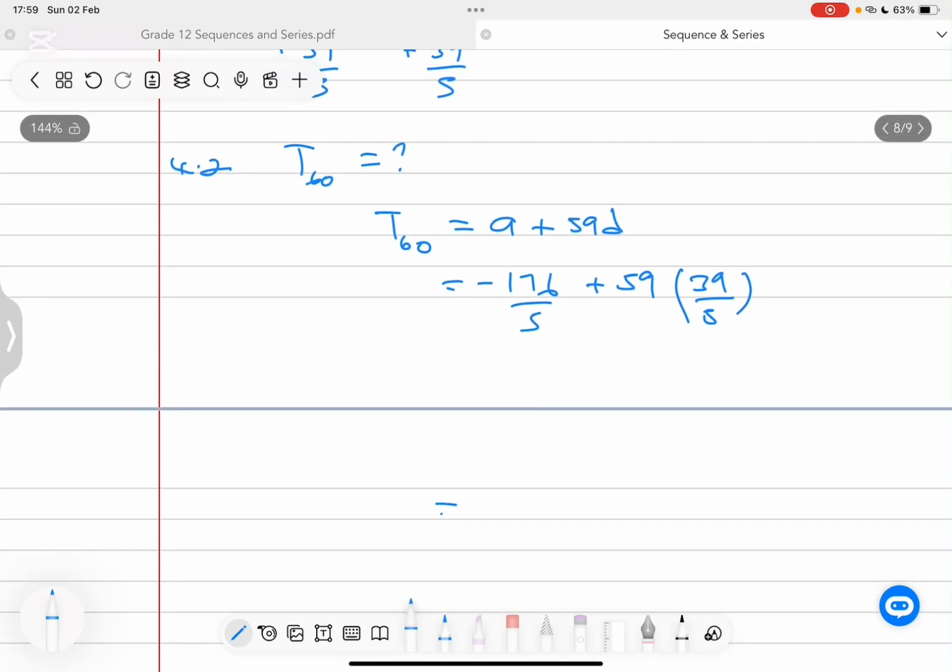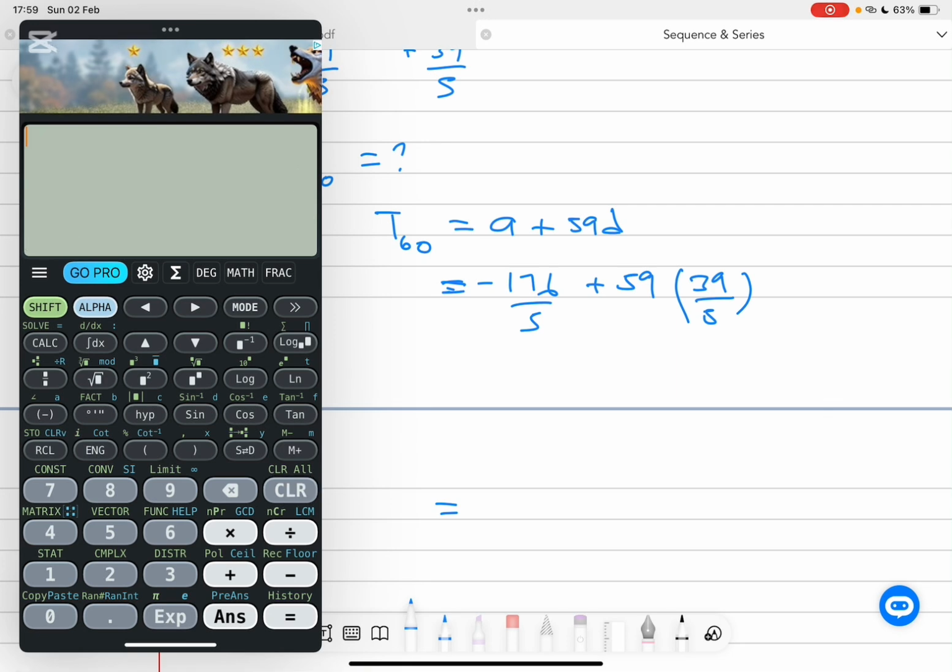Remember that you are allowed to use a calculator at high school level. So something like this, you can really punch it on a calculator to save time. So this means here you're going to have negative 176 over 5 plus 59 multiplied by 39 over 5.